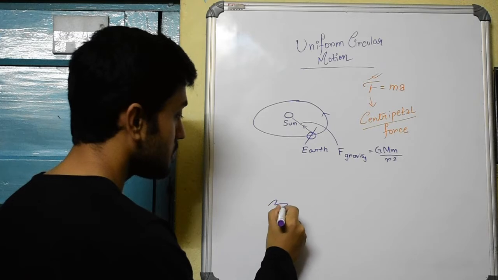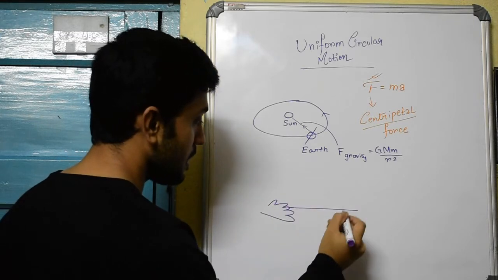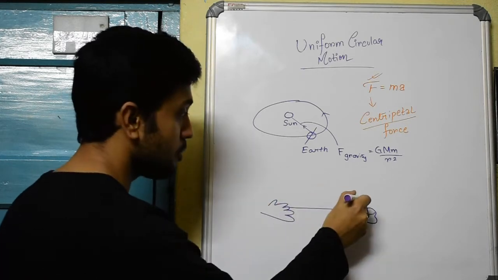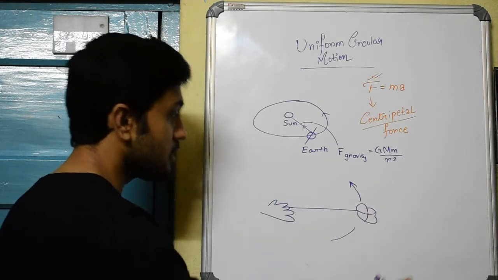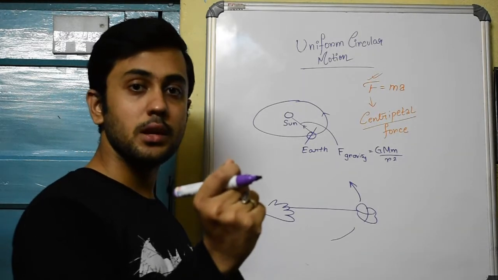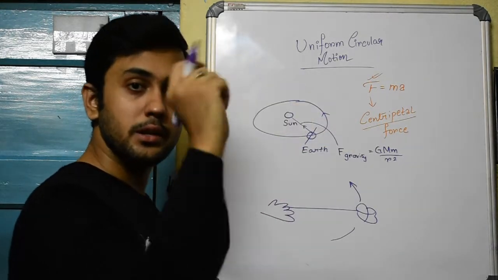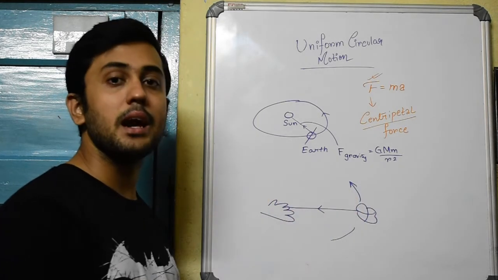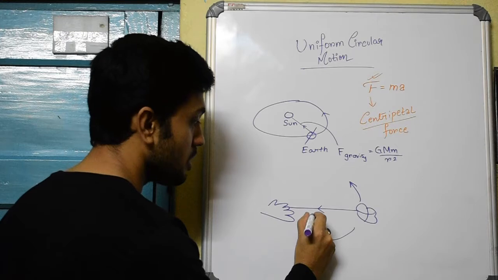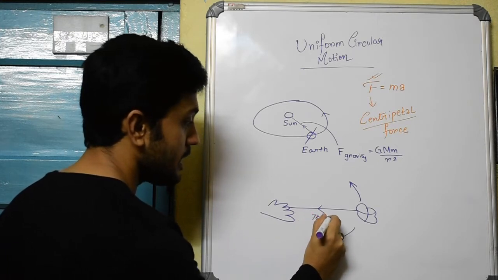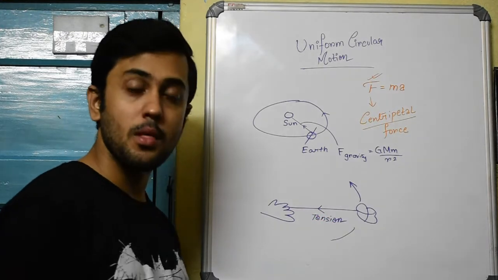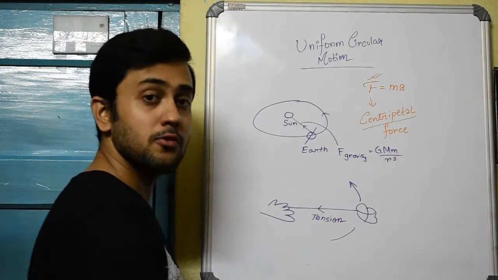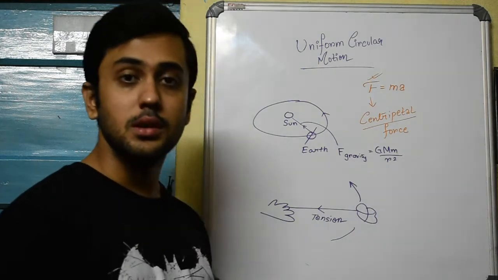If I hold a string with my hand, tie a stone to the end of it, and rotate the stone in a circular path, the force between my hand and the stone is the force of tension in the string. This tensional force manifests itself as centripetal force for this circular motion.